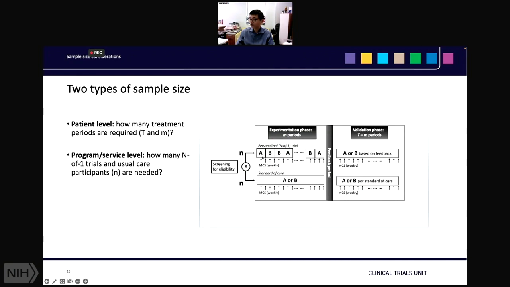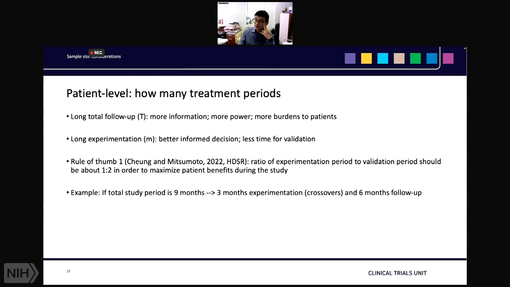But on the other hand, you also lengthen the study duration, add to the burden, and add to the logistical difficulty because of the crossover design. So there is a set of considerations: how long this should be, and how long the patient should be followed up after a treatment is selected. These are the two types of sample size that we need to consider.